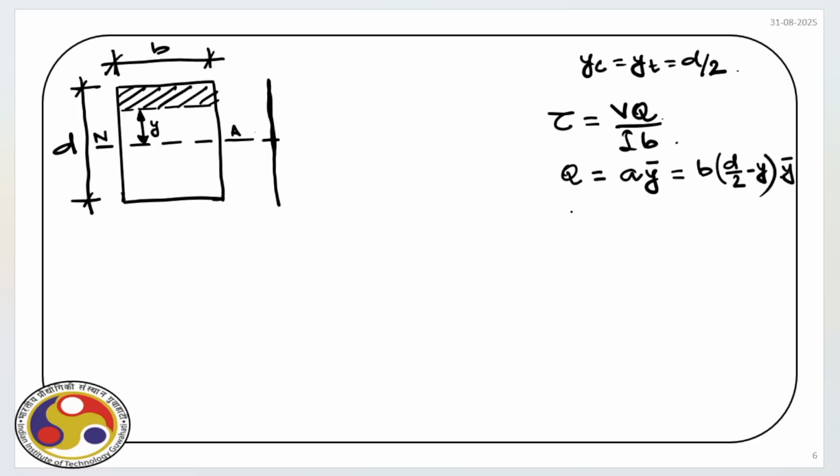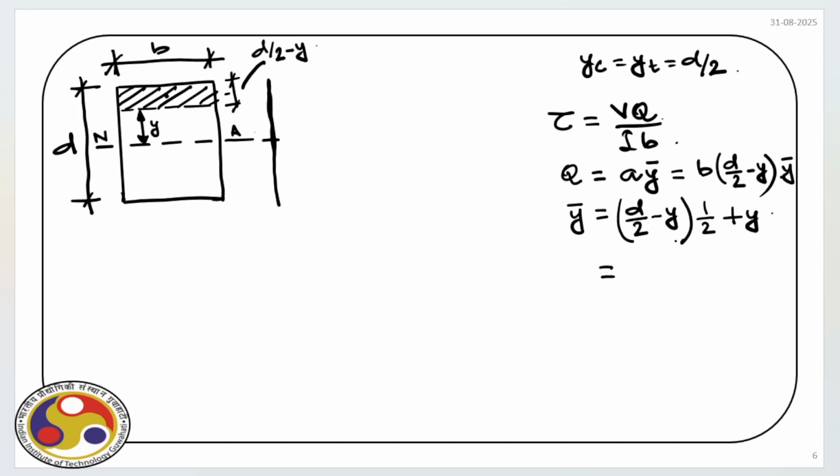Now, what is y bar? That also we can find out very easily. So, d by 2 minus y is this segment, and half of this is the location of the CG of the hatched portion, plus y, which is basically the distance from the neutral axis.